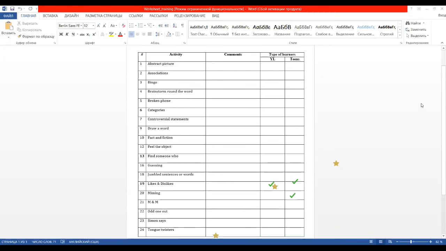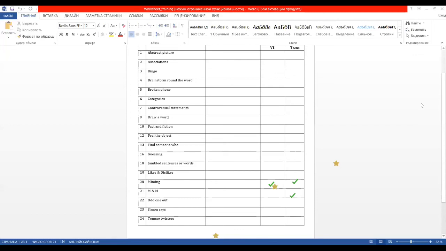So all of these activities can be used as lead-in activities. If you go from this activity to the topic that you need, they can be used as warm-up activities as well, and as short bridge activities.